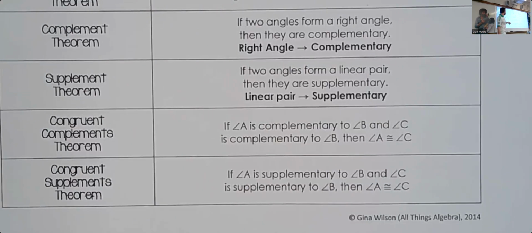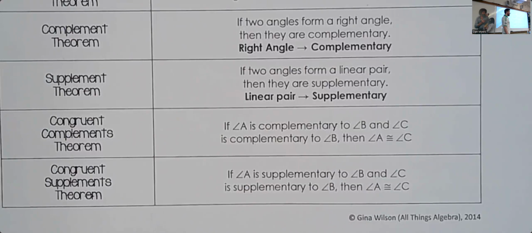It also says that C is complementary to B as well. Well, if B is 60, complementary to 60 would be what? 30, exactly. So if A is complementary to B, and C is also complementary to B, then A and C are the same, which is true.